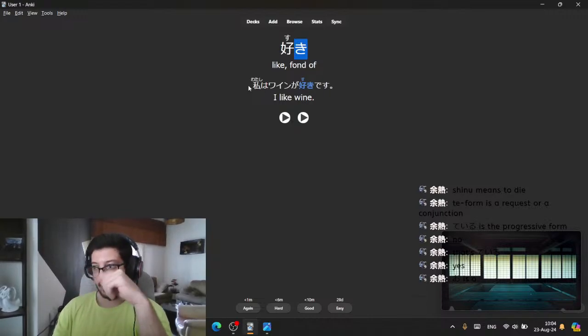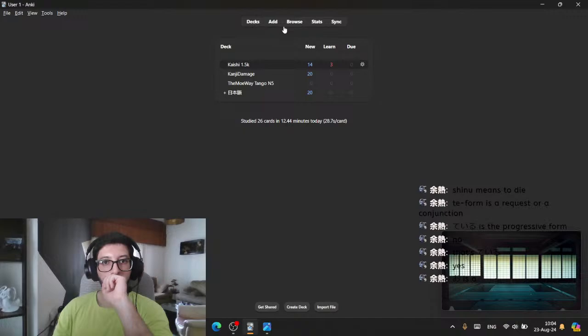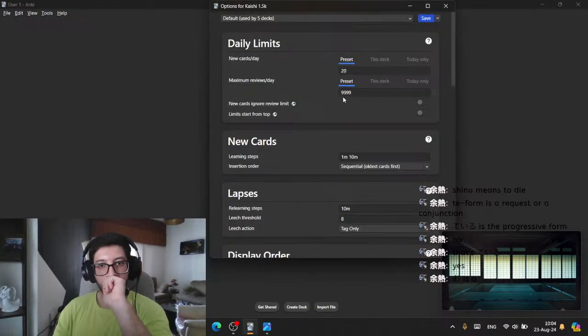Yeah, I did that. I did that before. Settings. Kaishi options. Yeah, I did that when I first downloaded.